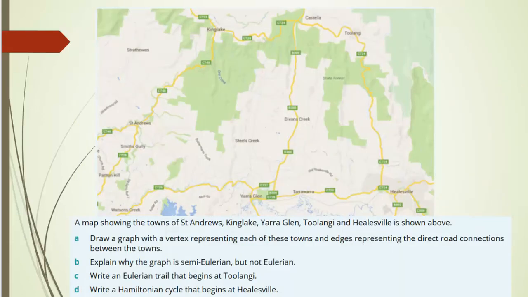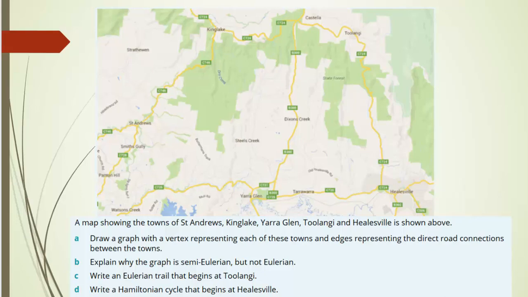This is a map out of the textbook showing a few towns down in Victoria: St Andrews, Kinglake, Yarra Glen, Toolangi and Healesville. They're saying draw a graph with a vertex representing each of those 5 towns, and edges representing the direct road connections between the towns.